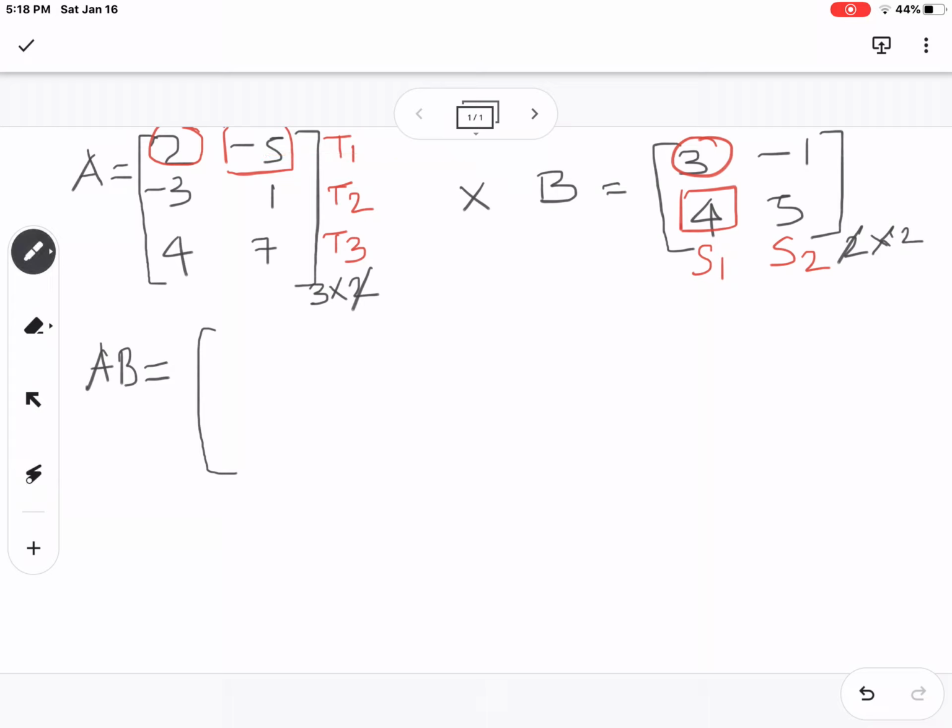Let me show you that here. 2 into 3 plus minus 5 into 4. As you can see, I have multiplied the circle with the circle and the square with the square. So train 1 has gone to station 1 and picked up all its passengers. That is a simple analogy which you need to take into consideration.